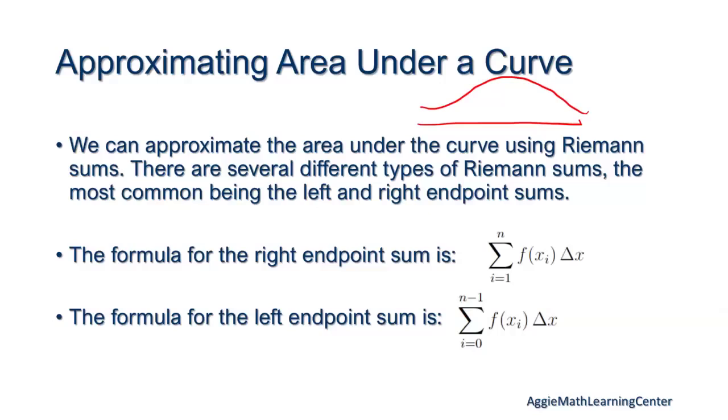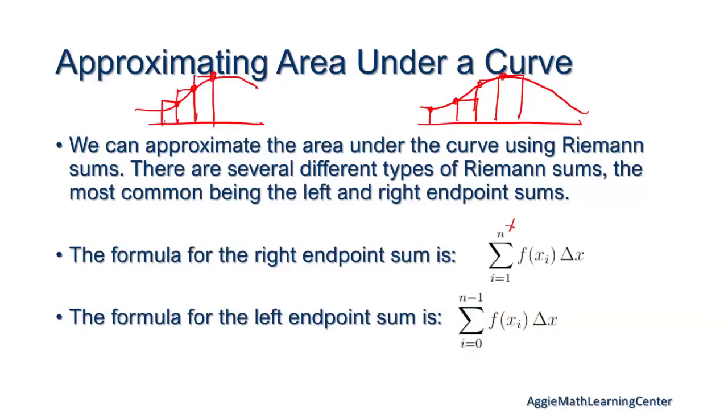We have the ones that start on the left, from the left endpoint, and then we have ones where we do the same thing but start from the right endpoint. If we have the right endpoint here, these are the little formulas that we use to do that.